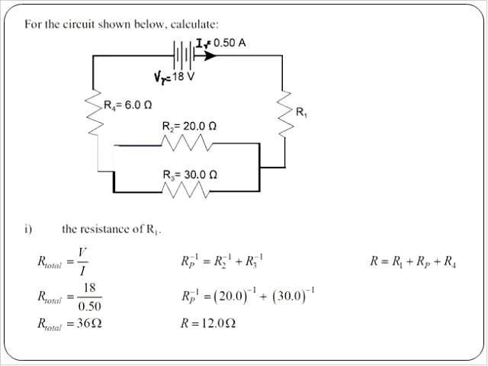So we combine those. Here's what we get: 36, which was the total we already found using V and I, R1 is the only thing we don't know, plus 12, plus 6. Work that out, and R1 has to be 18 ohms. Now we know all of the resistors.